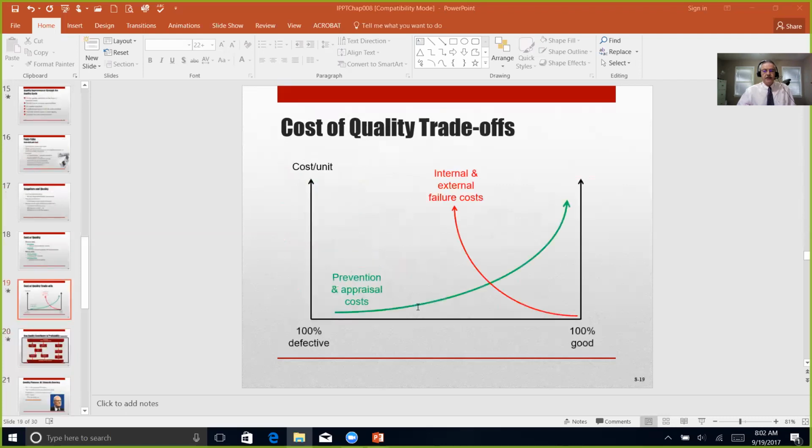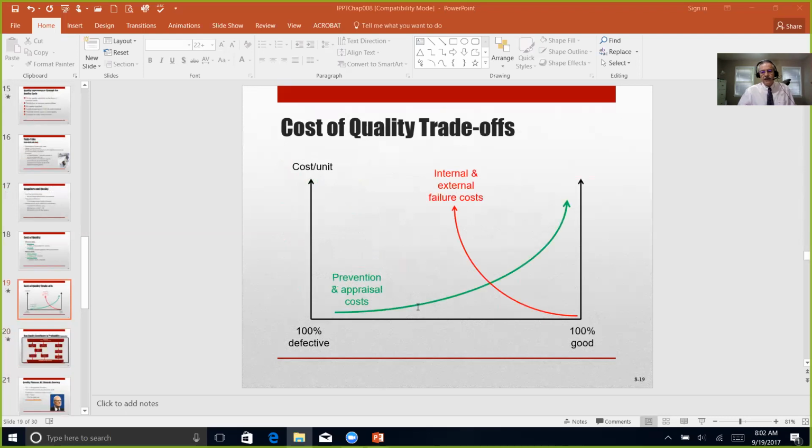This figure is figure 8.5 on page 175, and it kind of looks at the delta or the difference between preventive and appraisal costs and internal and external costs. As you can see, if the product is defective, then it certainly has a cost directly to you.